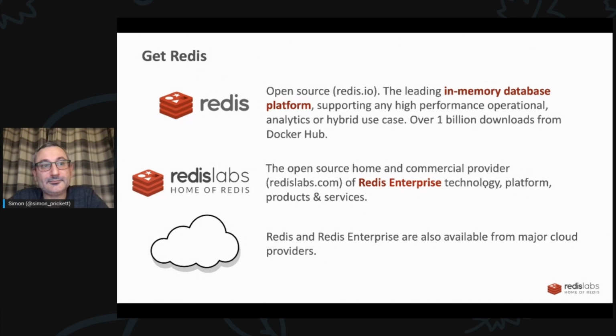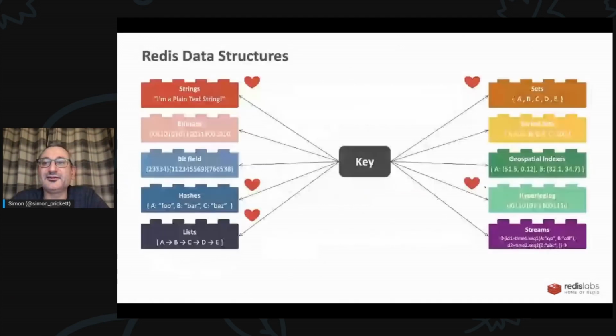So I said Redis was a key value store and a data structure server. So what does that actually mean? If you're familiar with other databases, like MySQL or a Postgres type database, you'll be familiar with the relational model. So you put data into tables, you define schemas for those tables, they have fields, and each row in the table is like an item, and it has each of the fields populated if it's required, or null if it's not required.